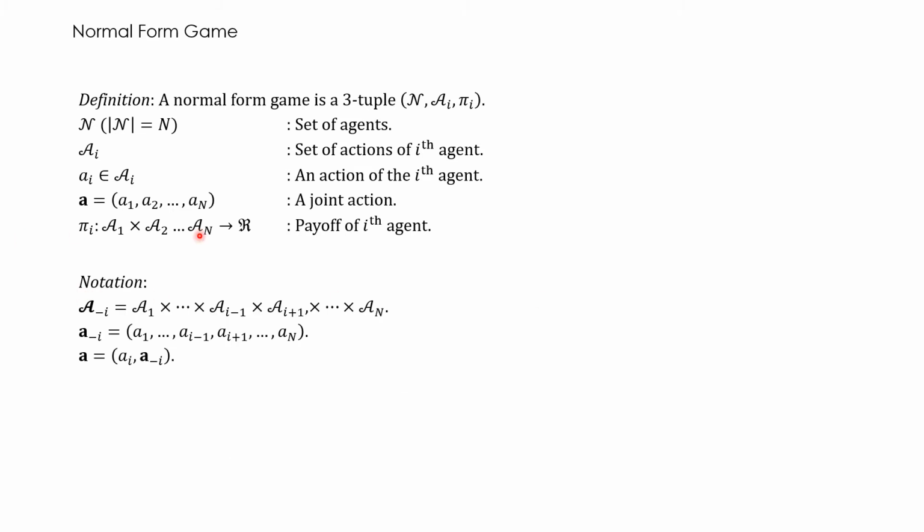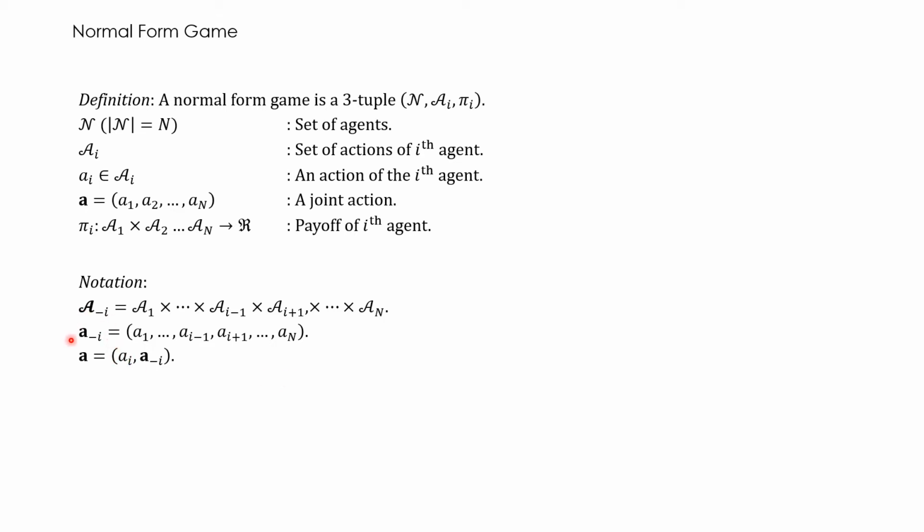Now here's some notation that's very specific to game theory. A subscript negative i is the joint action space of all agents excluding agent i. So these are the opponent agents. Negative i is the set of all agents in N except agent i. And so this is the joint action space of the opponent agents.